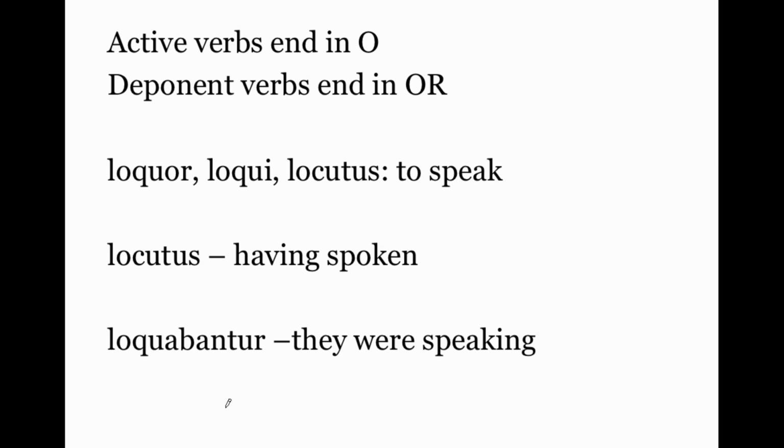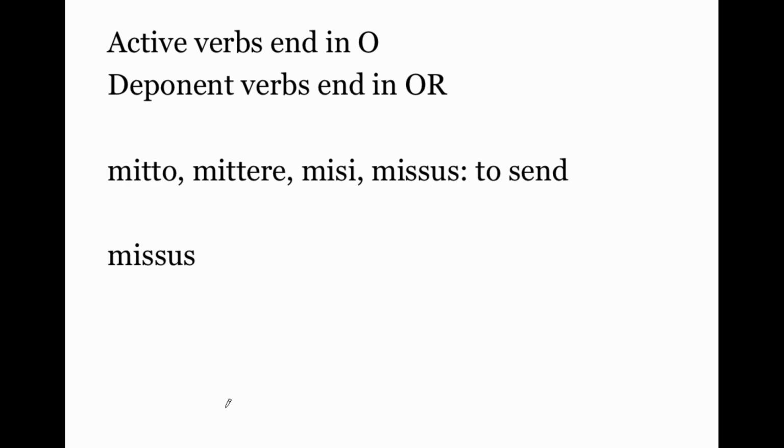So loquebantur, they were speaking. And this could even take a direct object. They were speaking words, okay? They were speaking a conversation, something like that. So again, an active verb can have active and passive endings. A deponent verb can only have passive endings, but translated actively.